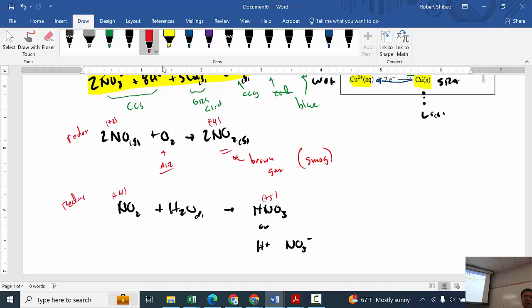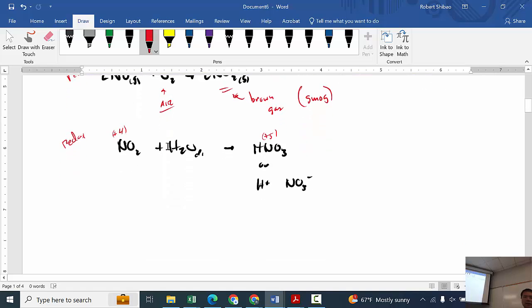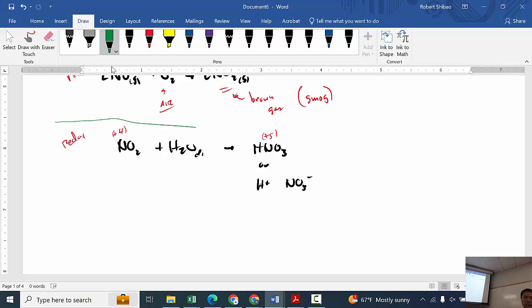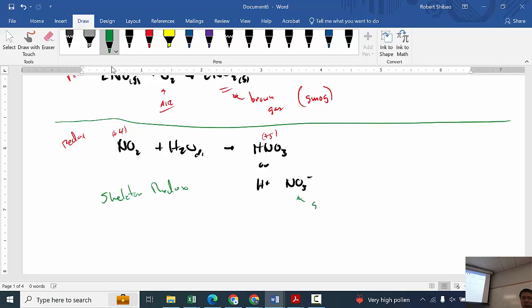Well, since we're doing this, what I'm going to do is figure out this reaction using skeleton redox. We're given the major product.